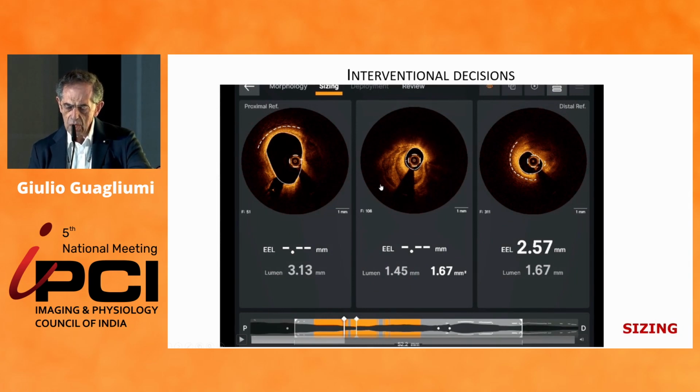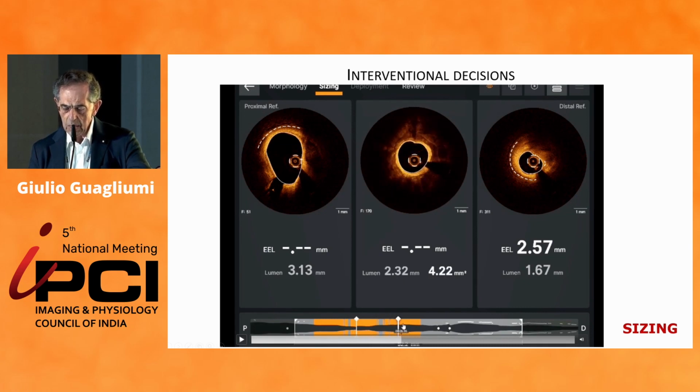When you cannot see the EEL because you have a plaque around, you have only the value of the lumen and the lumen area. When you are moving to a segment similar to this, where there is no EEL, you will never have any additional number.